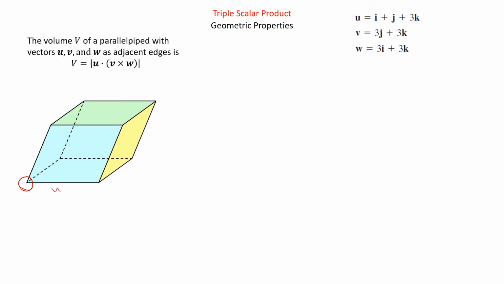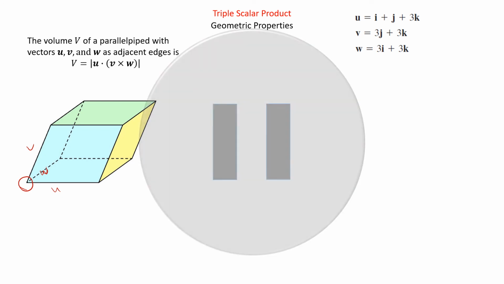So this could be like U, V, and then W back there. Like, so those are 3 adjacent edges. They all share one common vertex. So find the volume of this, which is just finding the triple scalar product and then making sure it's positive, so taking the absolute value. It's what we just did. Take this chance to practice, pause the video, work out the problem, then when you're ready, go ahead and push play.